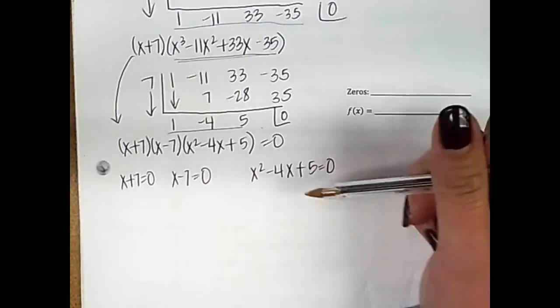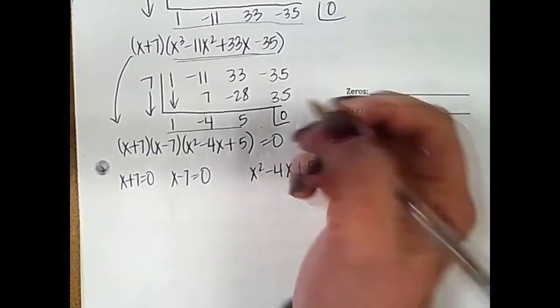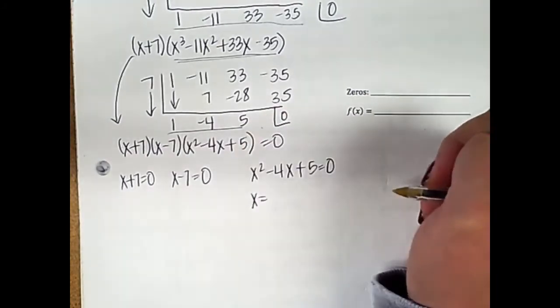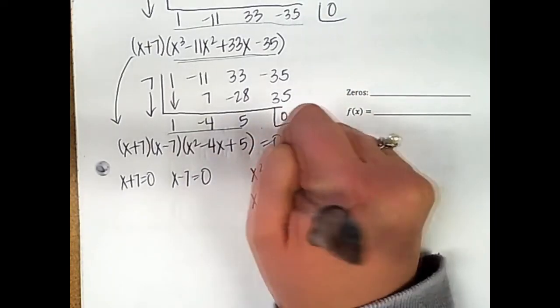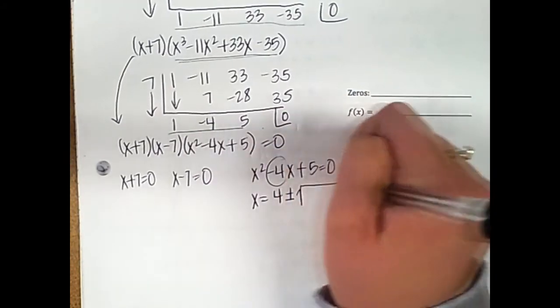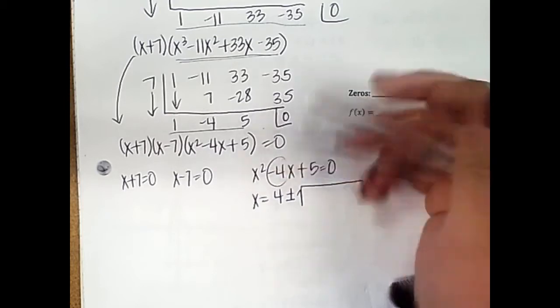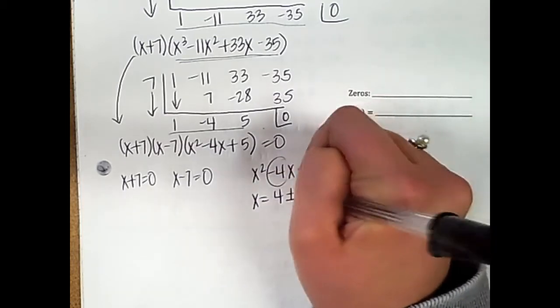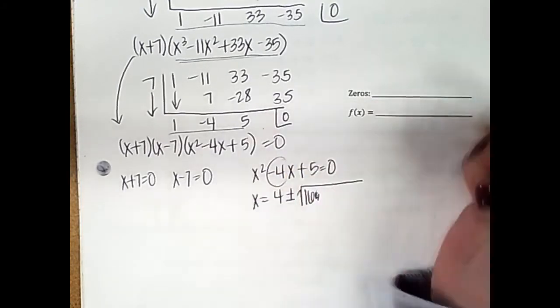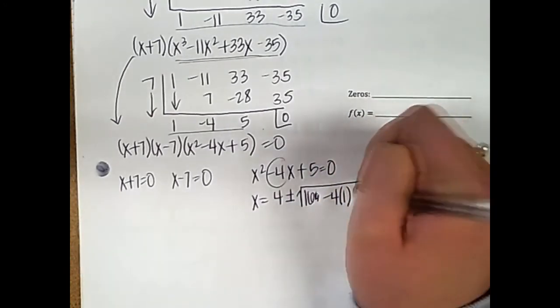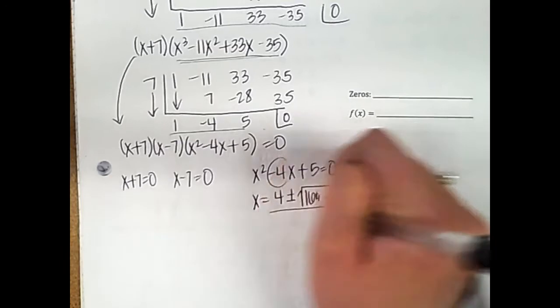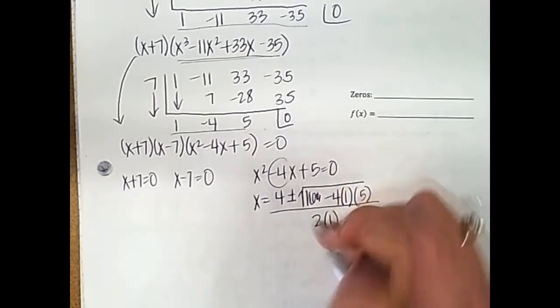So now I can start doing the quadratic formula over here. So remember, quadratic formula, opposite of b. So opposite of negative 4 is positive 4, plus or minus the square root of b, negative 4 squared, which is not 64, it's 16, minus 4a, which is 1, times c, which is 5, all over 2 times 1.